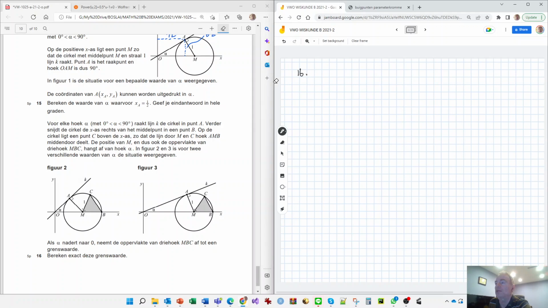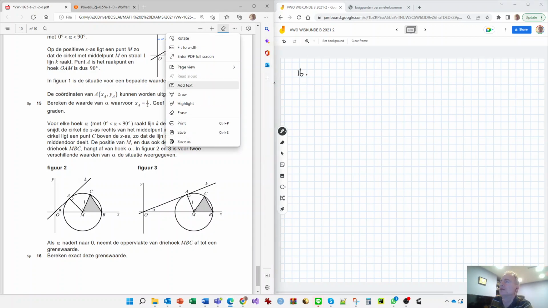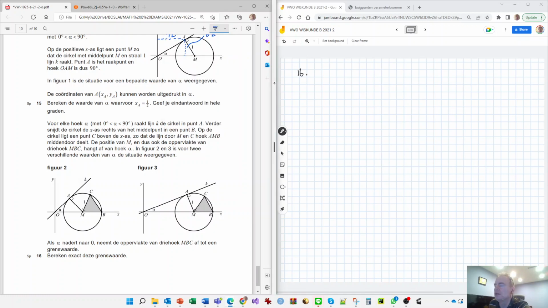And the position of M, and therefore also the area of this triangle MBC, depends on the angle alpha. Yeah, that makes sense. Because, well, what happens if alpha goes to 0?